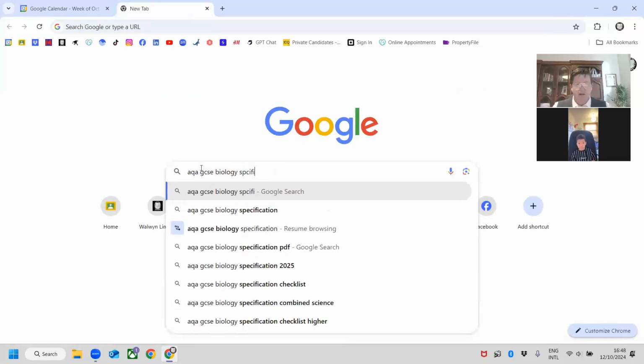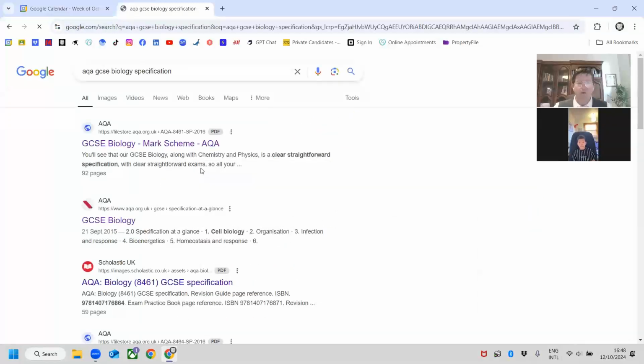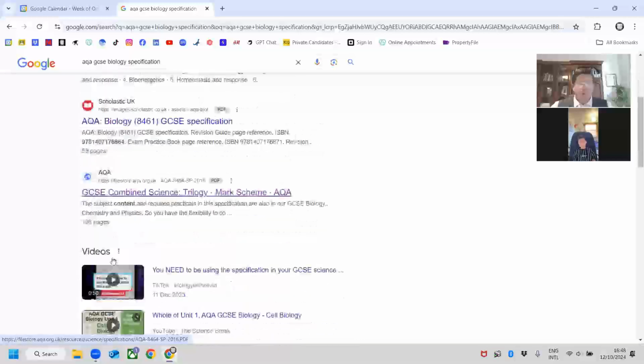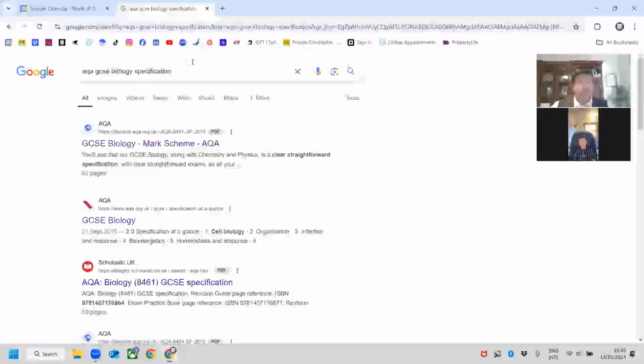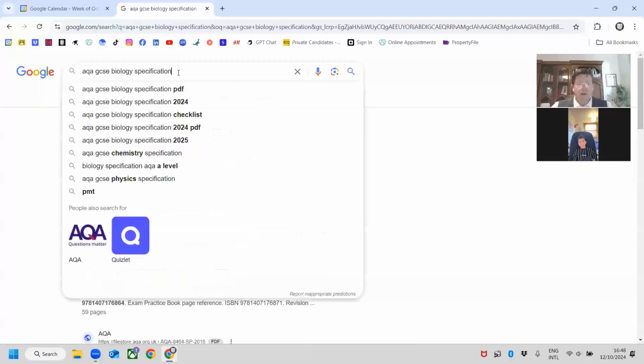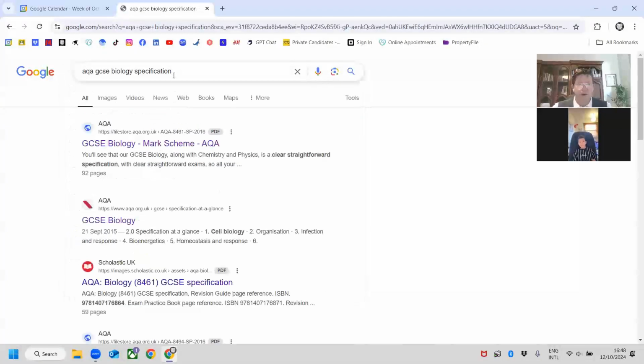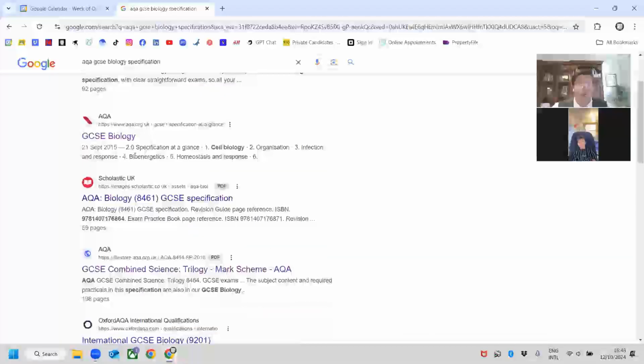This document is tremendously important because it's written by them and it tells you what you need to study to prepare for your GCSE. So, the AQA GCSE biology specification.